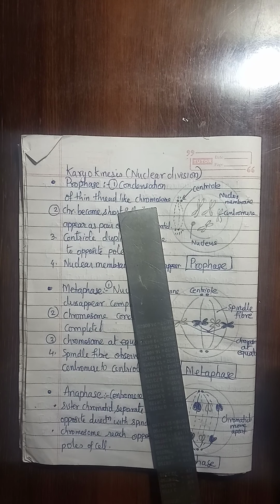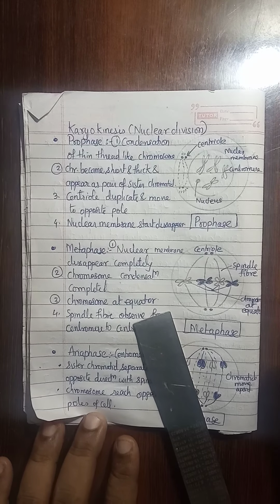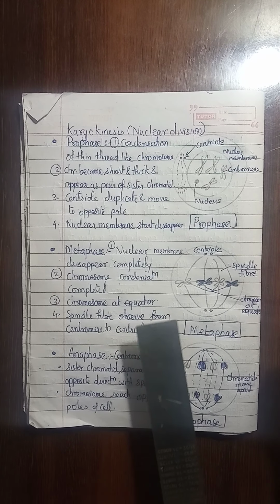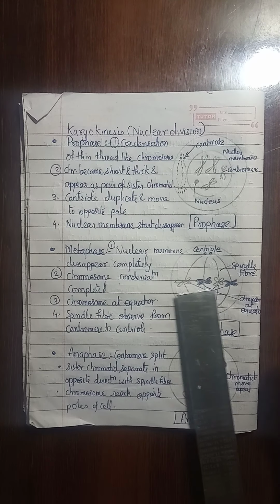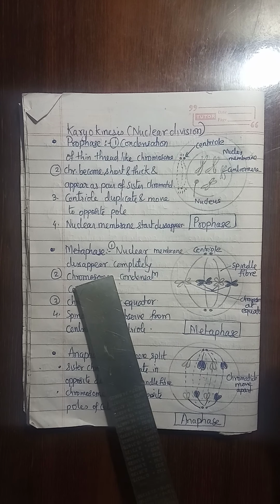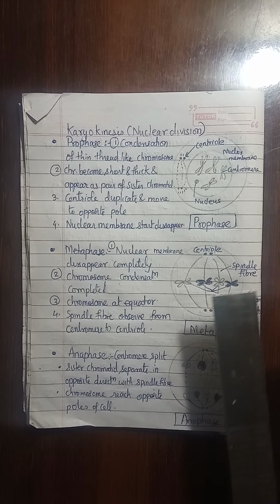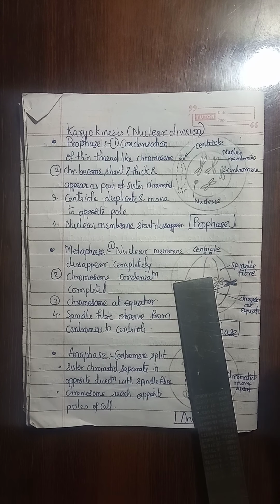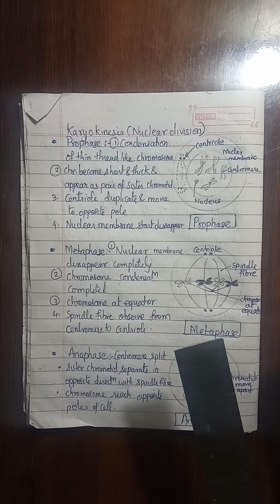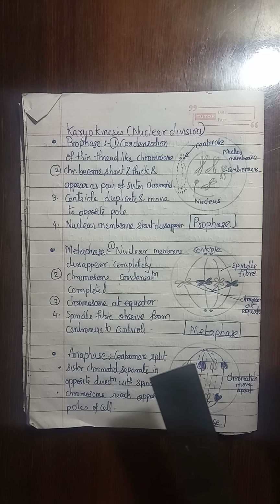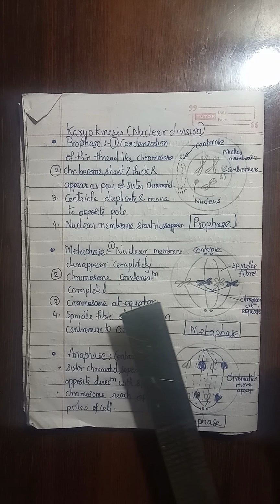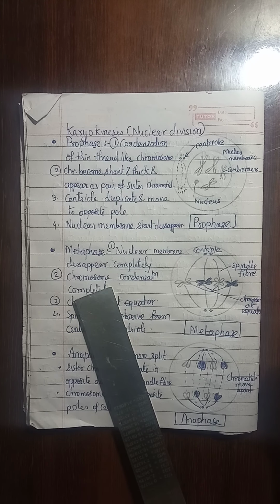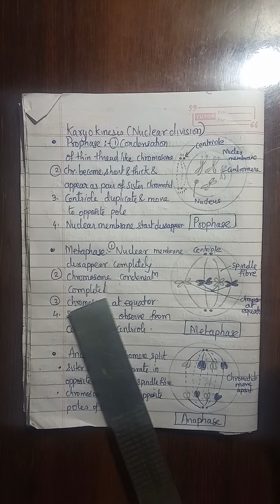Then the second one is metaphase. Here in this stage, you can see the diagram. Nuclear membrane disappears completely. No inner covering is there like it was there in the previous diagram. So here the nuclear membrane has completely disappeared. Then chromosome condensation is completed.